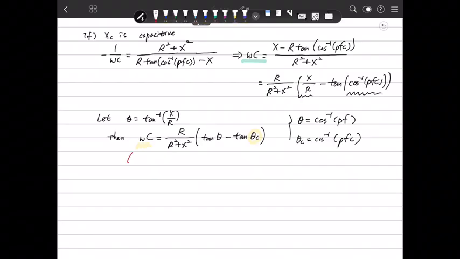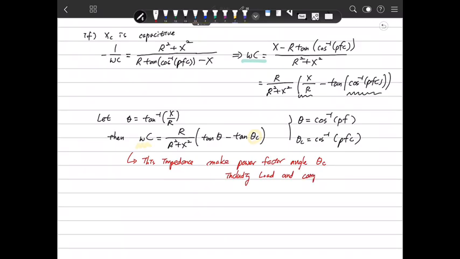And so the virtual power line again. This impedance makes angle theta c equal to the loading load and compensating impedance.